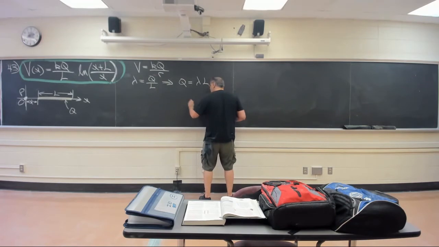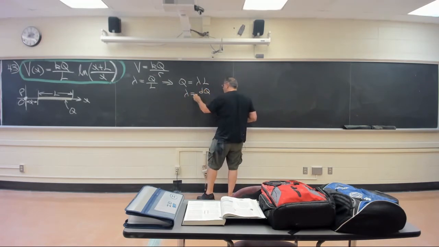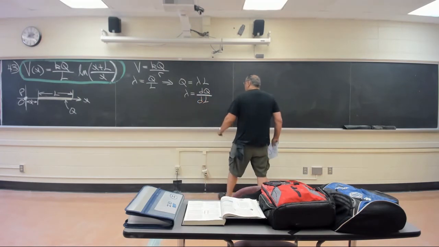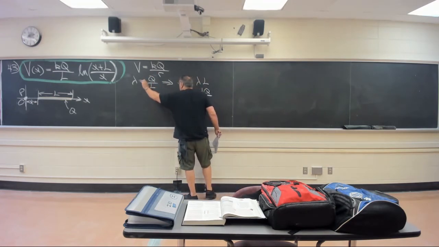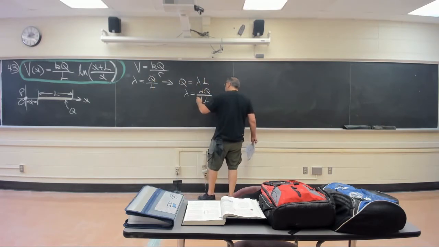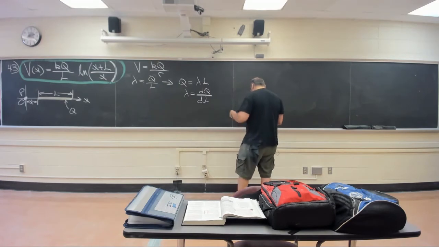Lambda is the differential amount of charge divided by the differential amount of length. dq over dl is the same as Q over L, which is equal to lambda. Lambda equals Q over L. If it's uniformly distributed, that's a fact.